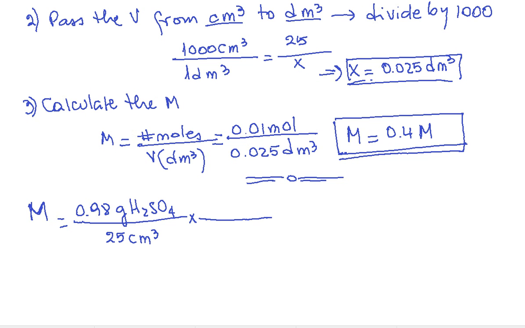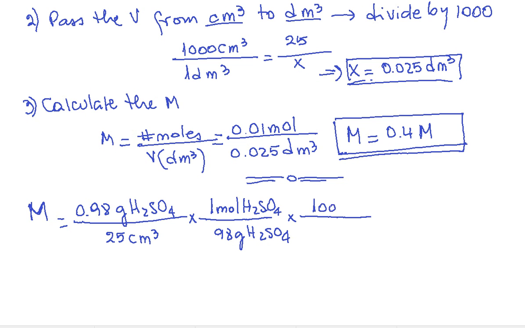You can take the grams and pass it to moles. So I know that 1 mole of sulfuric acid is equals to 98 grams of sulfuric acid. And then I get the centimeters cube and I pass it to decimeter cube. So I need centimeters cube to go at the top.